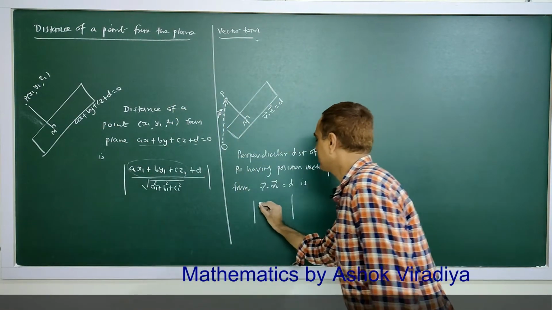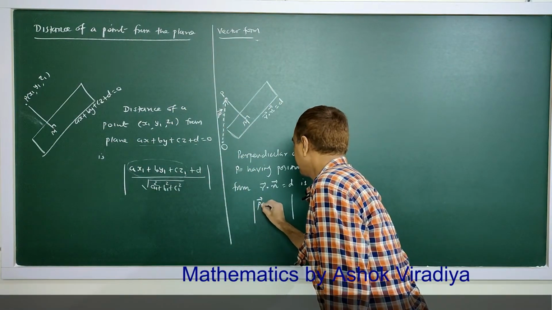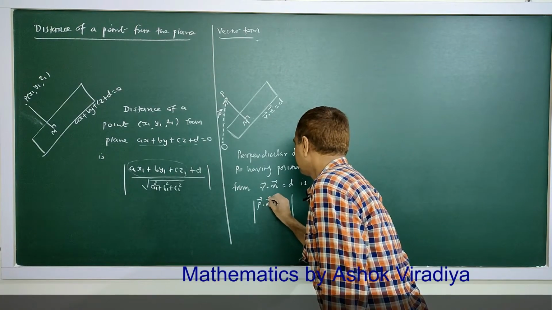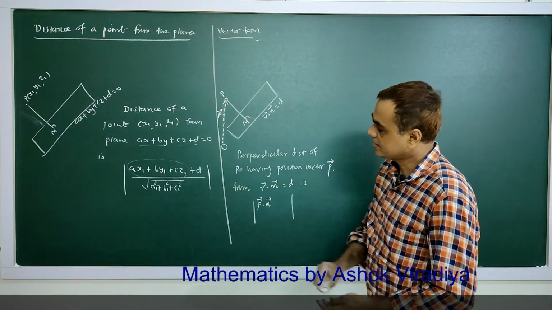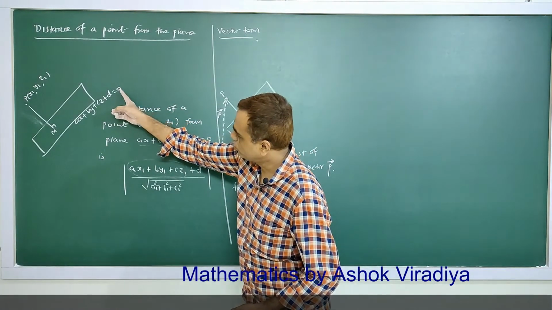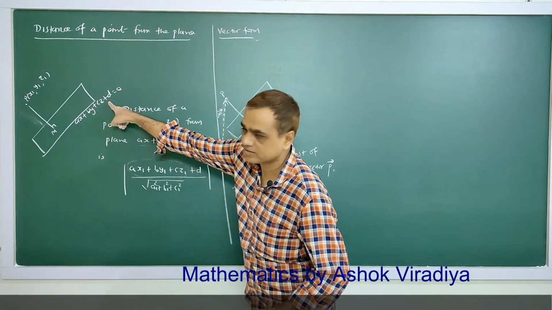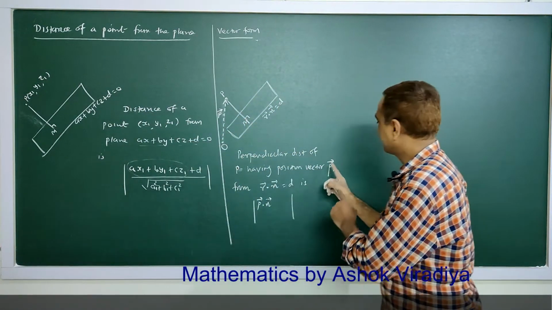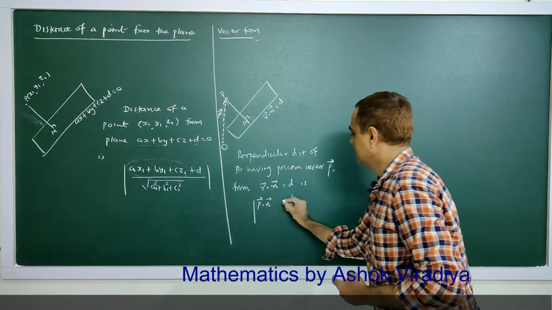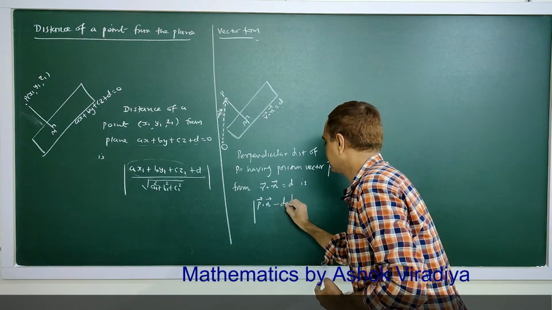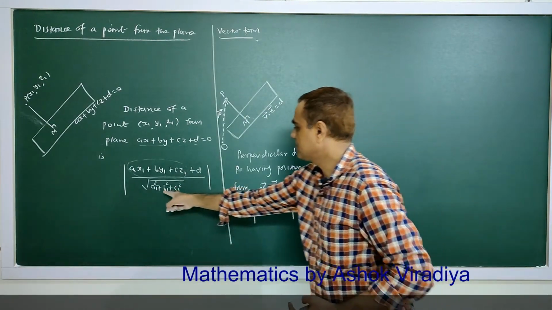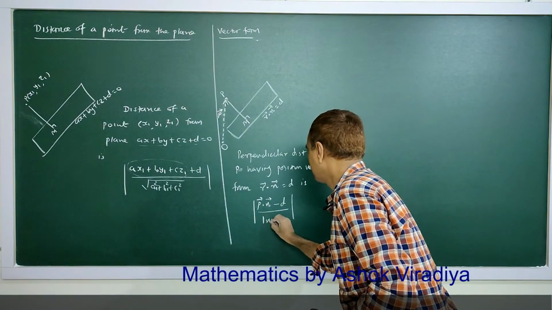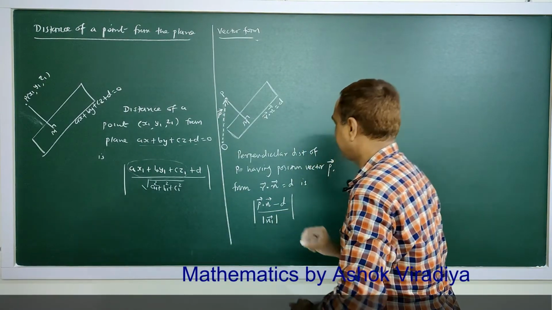So we should keep here a dot product of vector n and vector p. Then this is 0. So constant is taken on this side. So if you take this number on this side, so it is minus d upon, this is a magnitude of vector n.